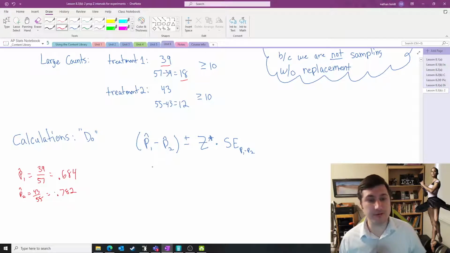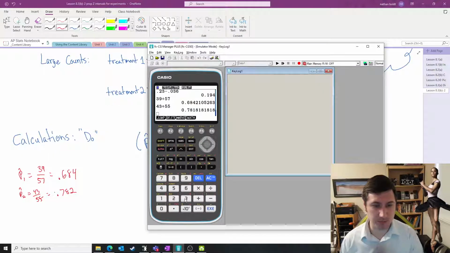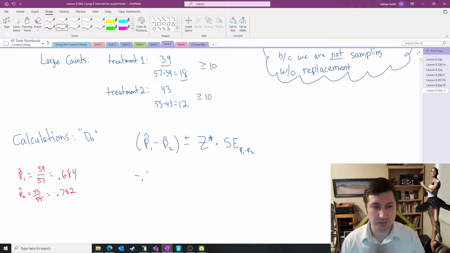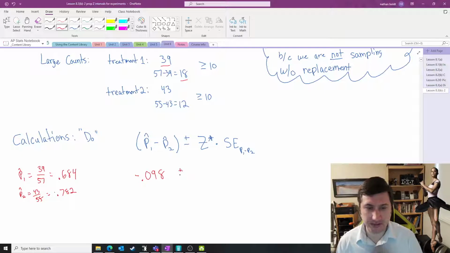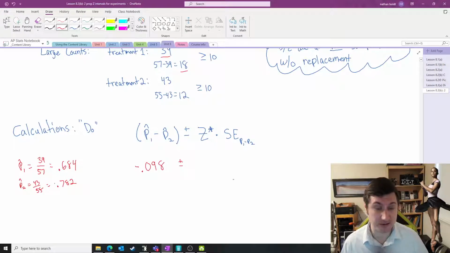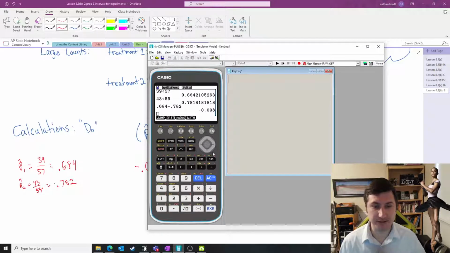What is the difference in those two proportions? 0.684 minus 0.782 is negative 0.098. Plus or minus. Now we're going to work on calculating our margin of error, so z star times the standard error. What is our z star for a 99% confidence interval?